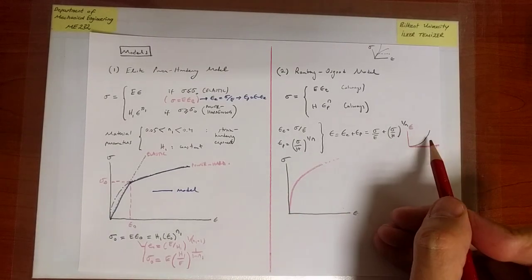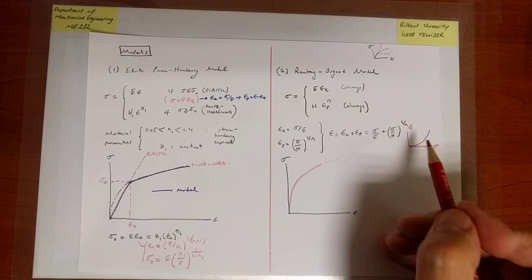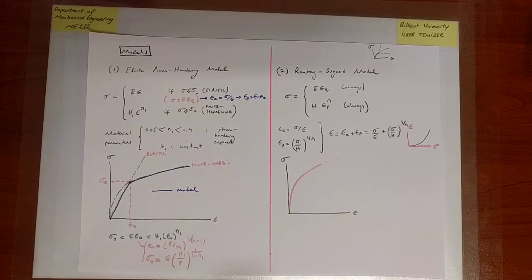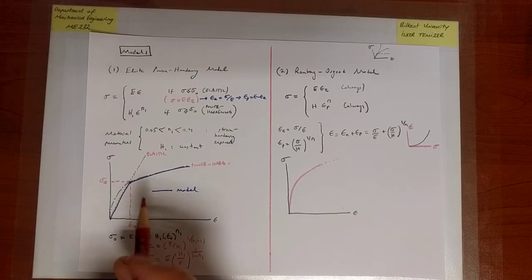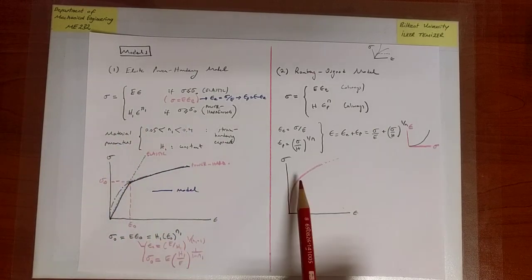And this is the way it looks. I've just flipped the axes, so flip that picture, and that's the way it's going to look. And just like I see in that picture, also in that picture, there is no distinct yield point, unlike the elastic power hardening model. There is no distinct corner, and that's good in some sense, because that's something I also don't observe in experiments.